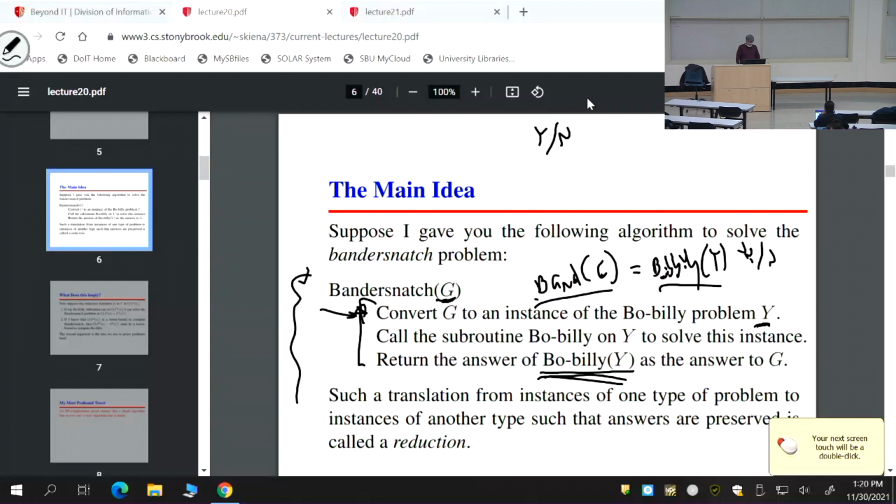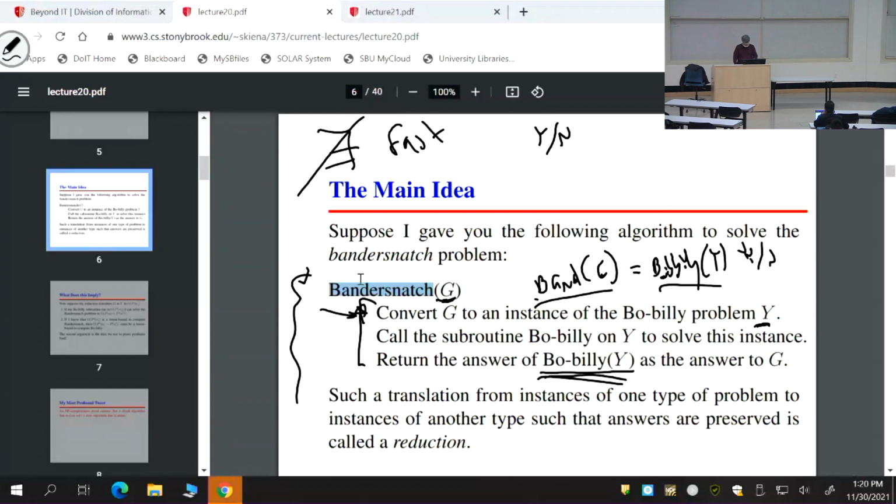If, on the other hand, you have a promise, a reason, a proof, an argument that there does not exist a fast Bandersnatch algorithm, a lower bound argument, some statement that you know why Bandersnatch can't be solved quickly. This algorithm proves that if you could solve Bobilli quickly, you would solve Bandersnatch quickly.